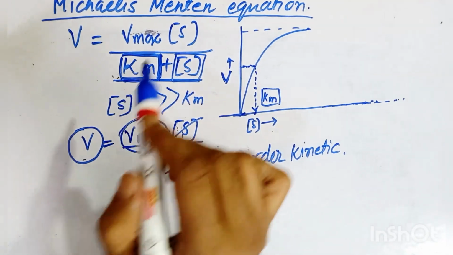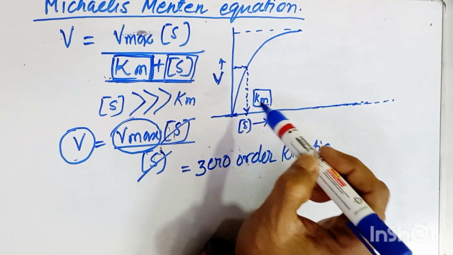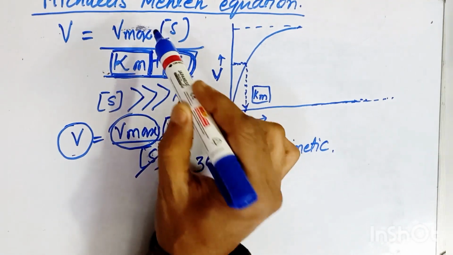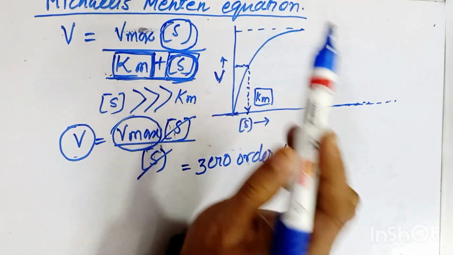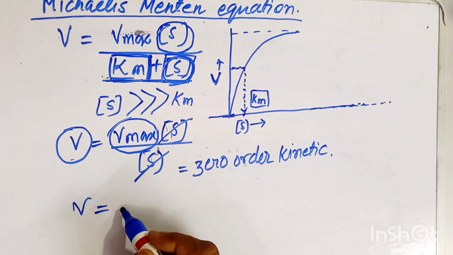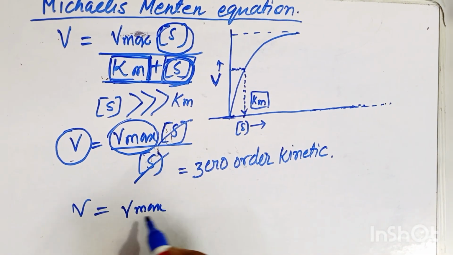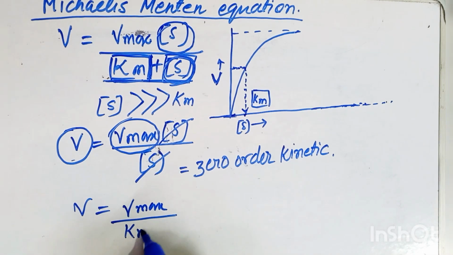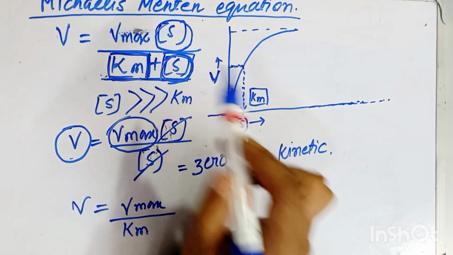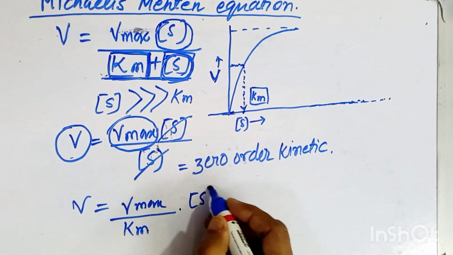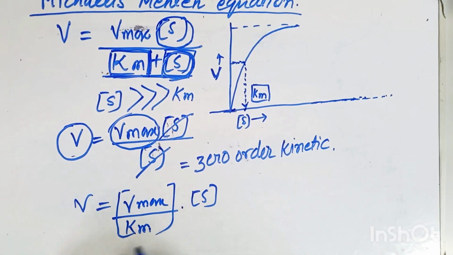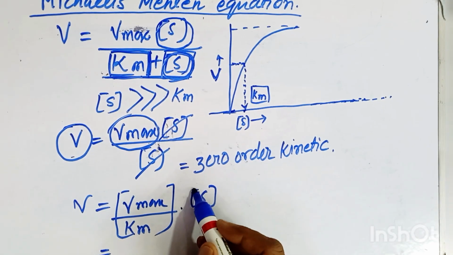Then from this Michaelis Menten equation, we can ignore this substrate concentration value in the denominator, and the equation changes as V equals Vmax by Km into S. Now Vmax by Km is a constant for an enzymatic reaction, so the velocity depends on S.